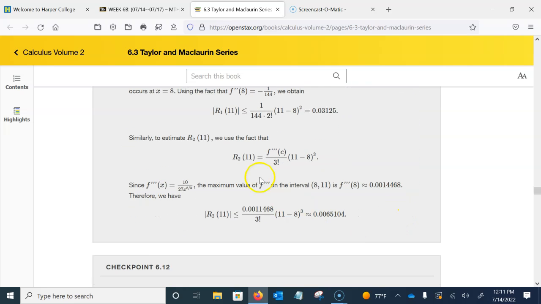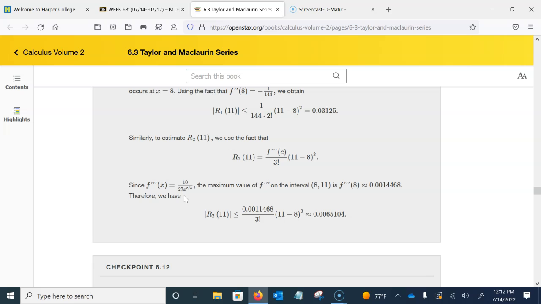Let's do this using the second Taylor polynomial. Since I'm using the second Taylor polynomial, I need the third derivative. Here's 3 factorial. Here's 11 minus 8 cubed. This is still going to be a 3, it's just going to be 27 now. This is now going to be a 6 down below. So f triple prime, here it is, 10 over 27 times x to the 8/3 power. When is this the largest? Well, on the interval from 8 to 11, it's largest when the denominator is smallest, which will be at 8.